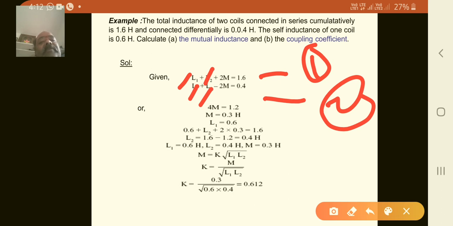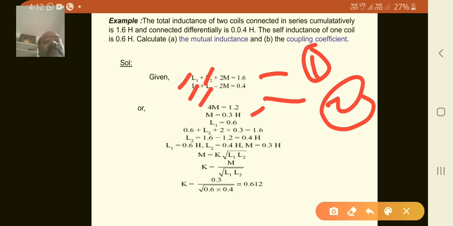Therefore 4M is equal to 1.2, and from that, M is equal to 0.3 henries. Now L1 is 0.6, the self-inductance of one coil, already given. Then you can find the value of L2 using either of the above equations, which gives L2 equal to 0.4 henries.